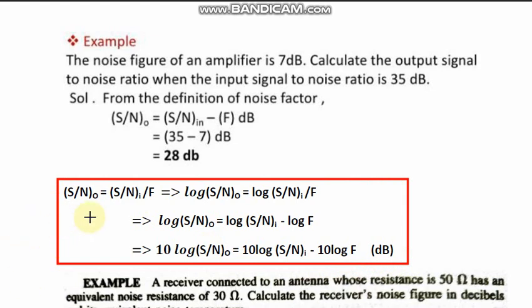How have we derived the noise factor in dB? See here, this is the formula. From the formula of noise factor, the signal to noise ratio output is equal to signal to noise ratio input divided by F. If we take the logarithm of both sides, it becomes log S by N0 is equal to log S by Ni by F. As we know that log A by B is equal to log A minus log B, the right side is converted into this form, and multiplying both sides by 10, it becomes 10 log S by N output is equal to 10 log S by N input minus 10 log F. Now all the quantities are in decibels.